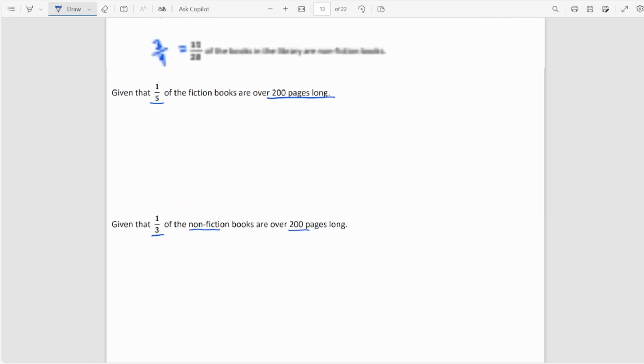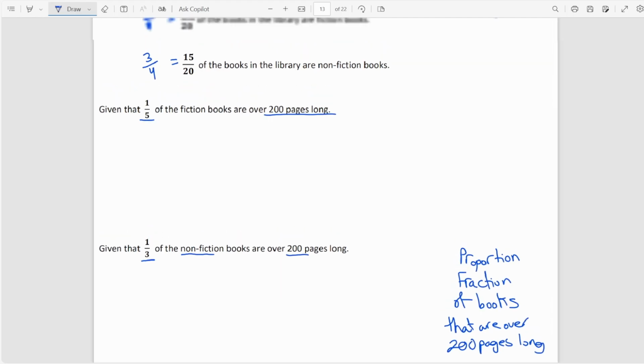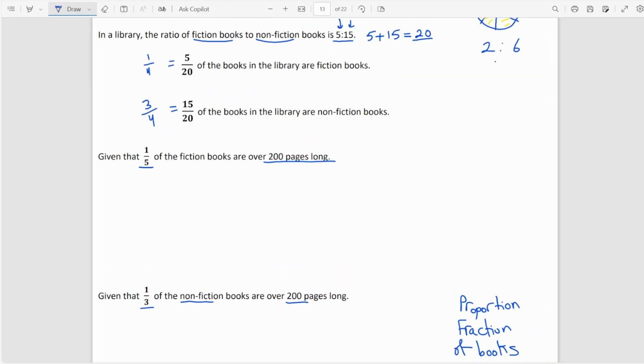Now, let's say I wanted to know what is the proportion or the fraction of books that are over 200 pages long. Okay? Now, how will we figure this out? Here's how we do it.